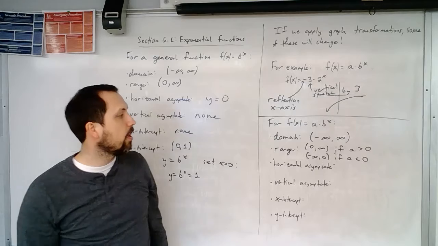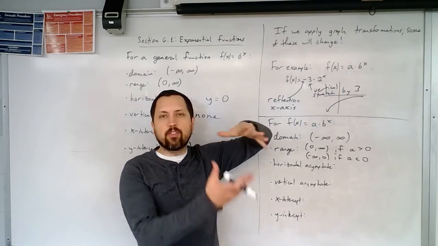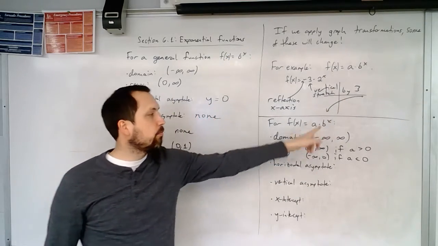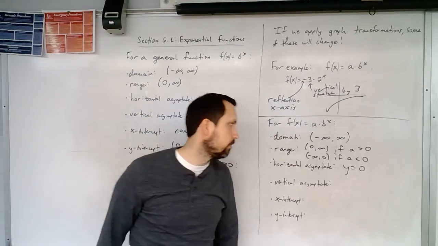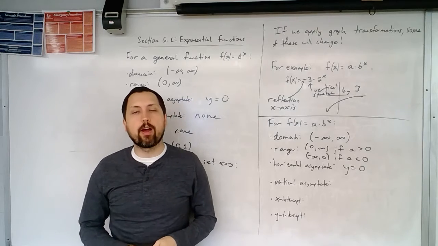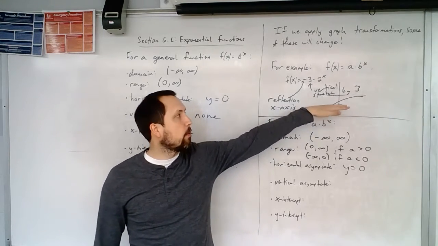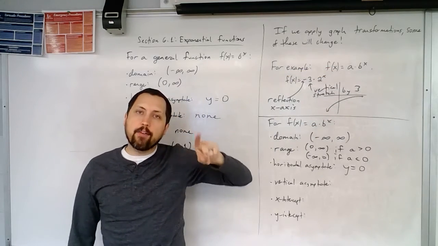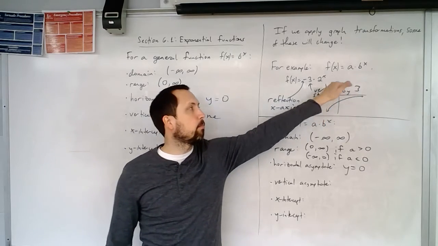The horizontal asymptote: when all we're doing is vertical stretching and reflection over the x-axis, the horizontal asymptote is going to remain y equals 0. Now, this will change based off of other graph transformations. If I'm doing some type of vertical shifting, shifting this up and down, that's obviously going to change where the curve is approaching.